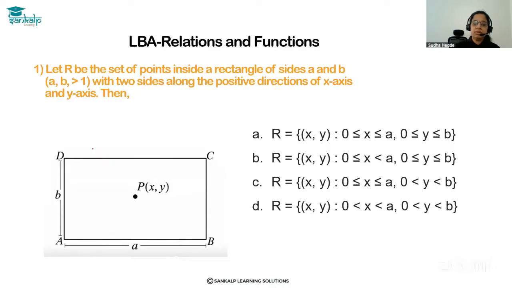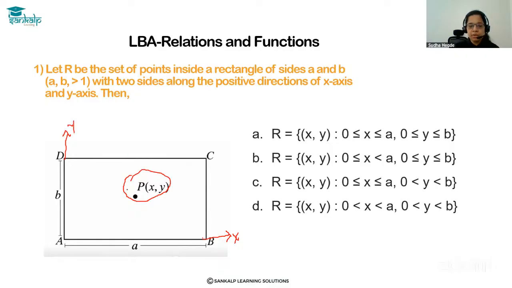So given a rectangle, let us take the rectangle as ABCD, and the point should be inside the rectangle. So P(x, y) be the point which is inside the rectangle. This is the x-axis and this is the y-axis.